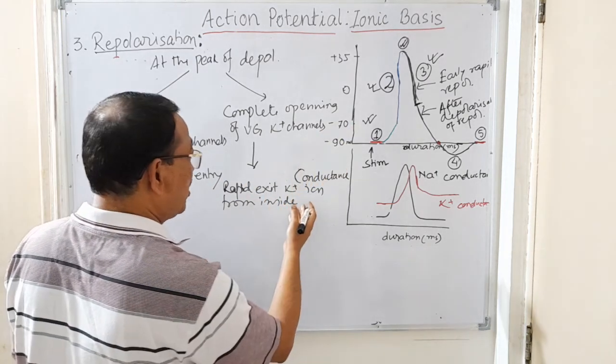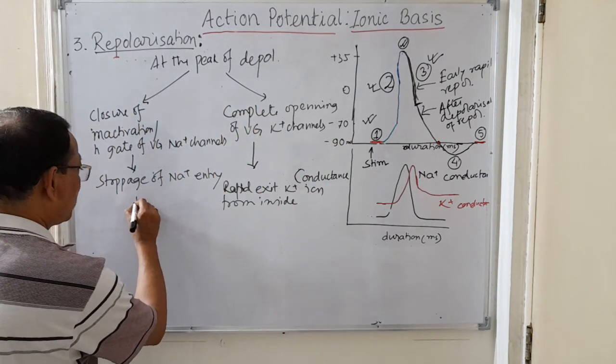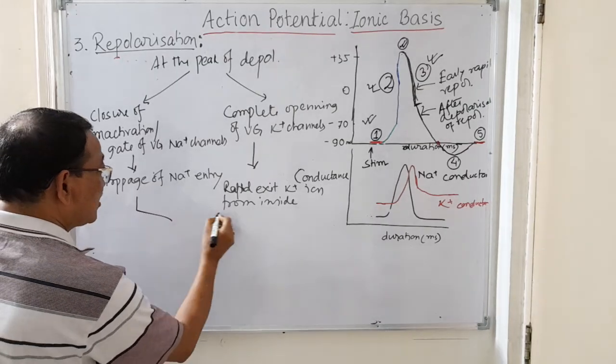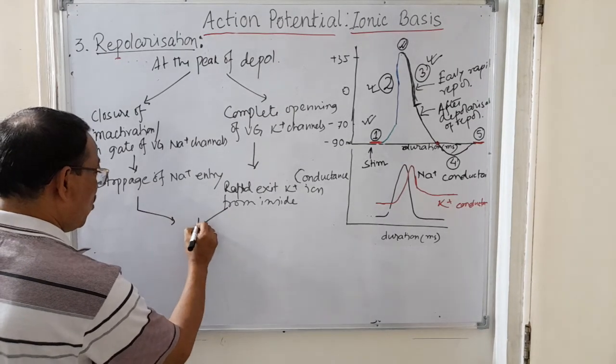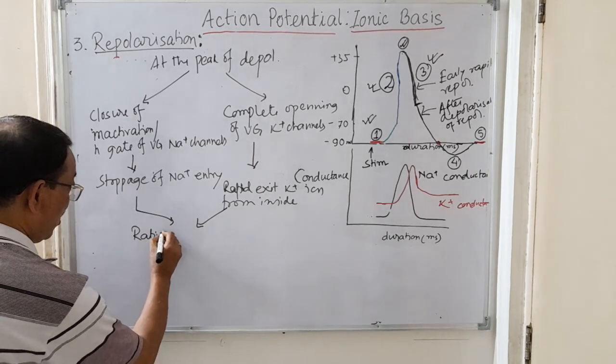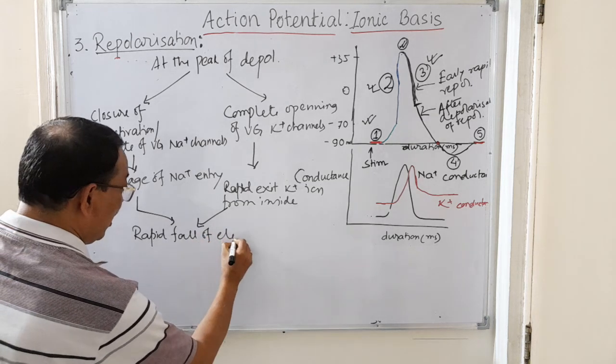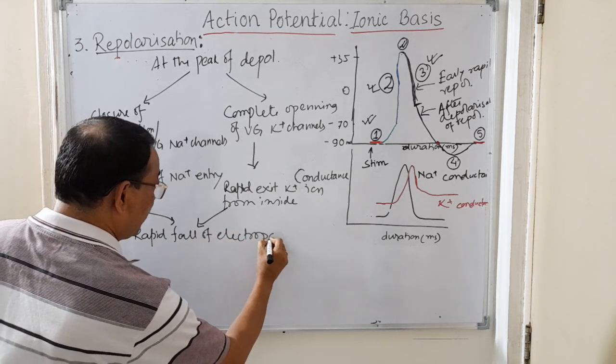As a result, as positive ions are going out, both these phenomena are responsible for the rapid fall of electropositivity inside.